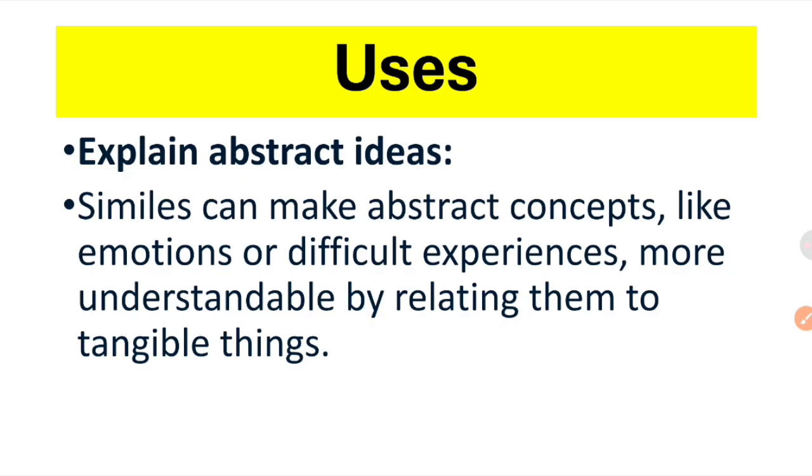So this is the way to convey your ideas strongly, or to convey something which is not tangible. So you are making abstract concepts or emotions more understandable for the listener. So these are the uses of similes. I hope you have understood this figure of speech very well.